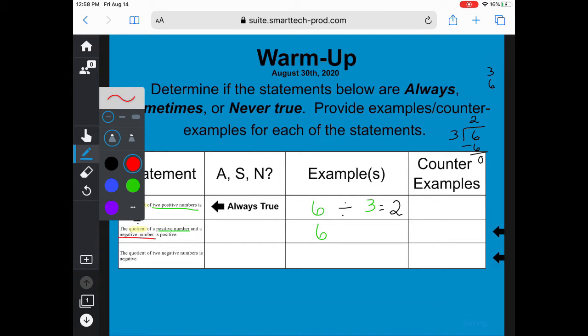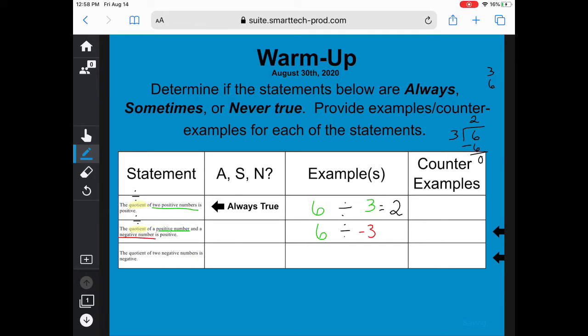But for my negative number, I'm going to change that positive 3 to a negative 3. And then again, we're doing division. So we already know 6 divided by 3 is 2. But now I have this negative here. So when I have a negative and a positive, I get a negative quotient. So 6 divided by negative 3 is negative 2.